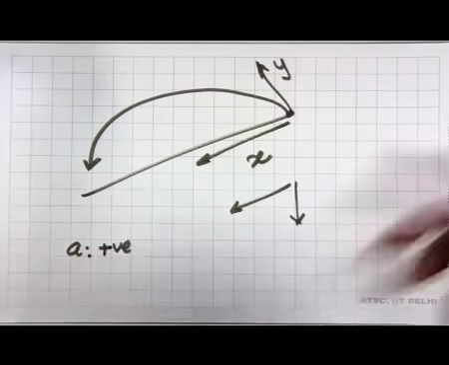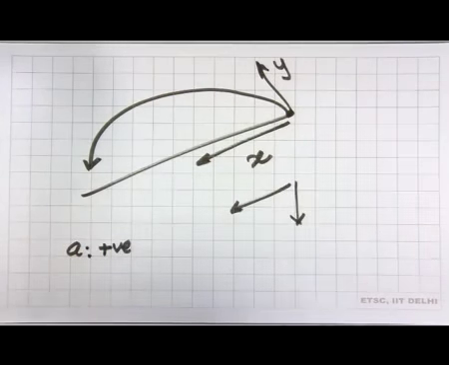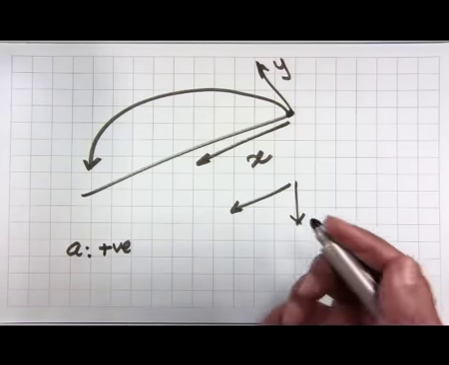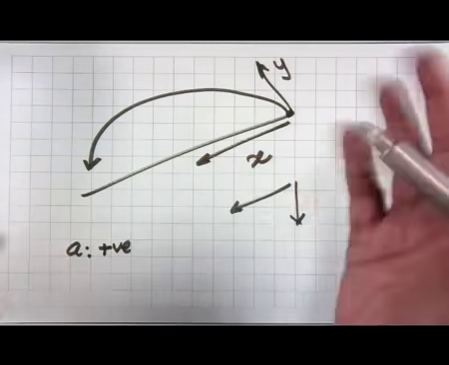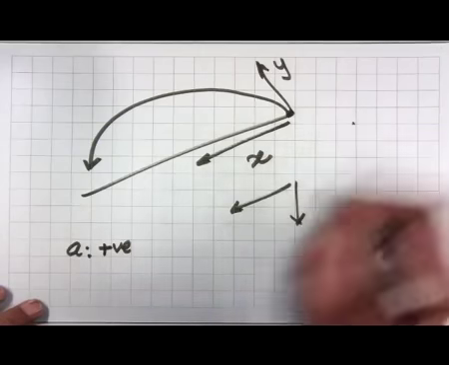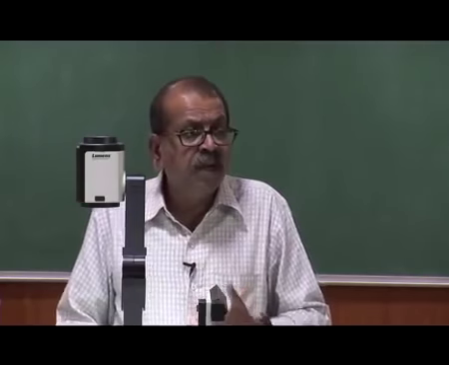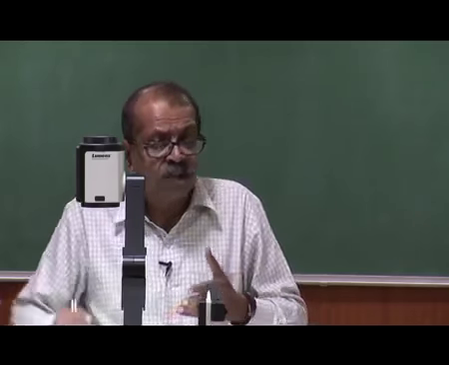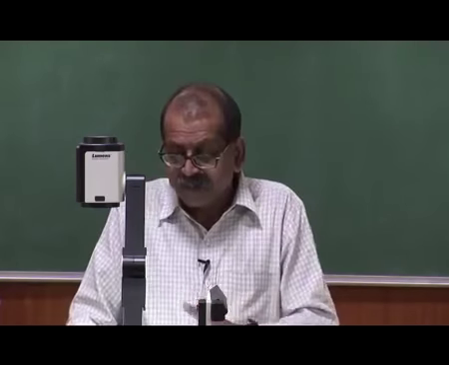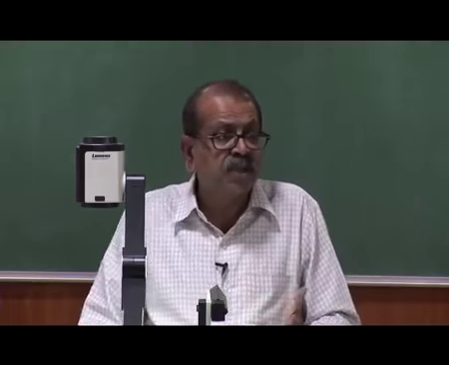It will not be negative, because your x is now going down. So, depending on your problem, whether x is up or down, you will have to resolve the acceleration along x and y and then solve. Be careful about the signs. If you take y as up, then there are certain negative signs, certain positive signs.